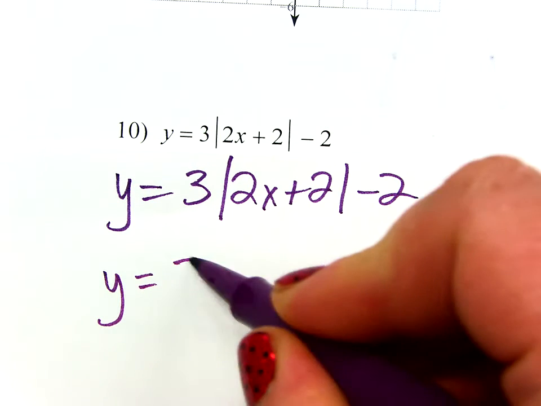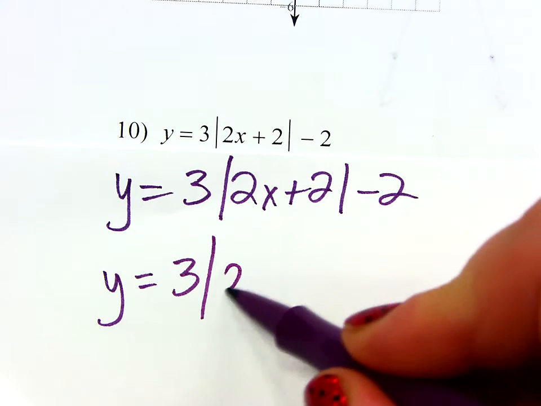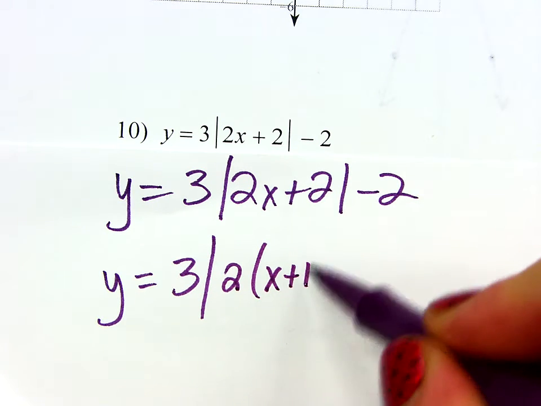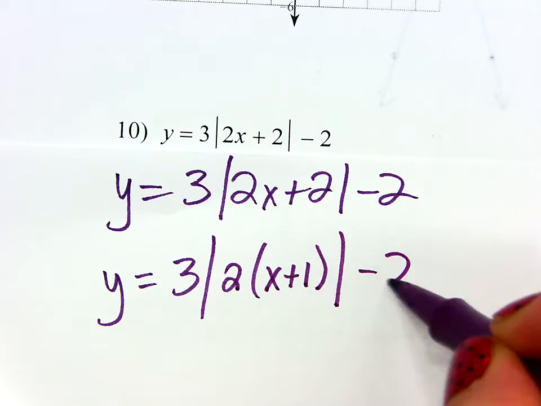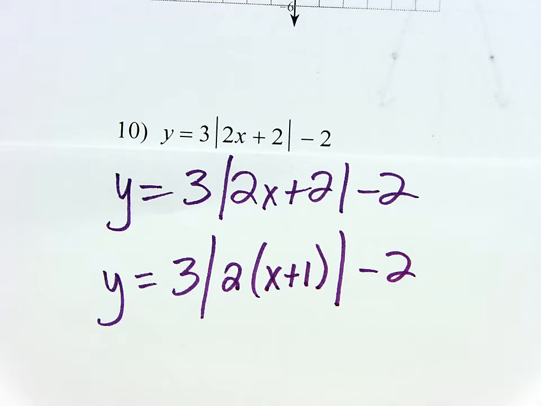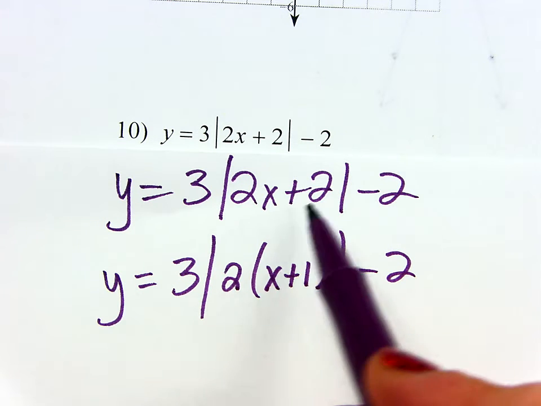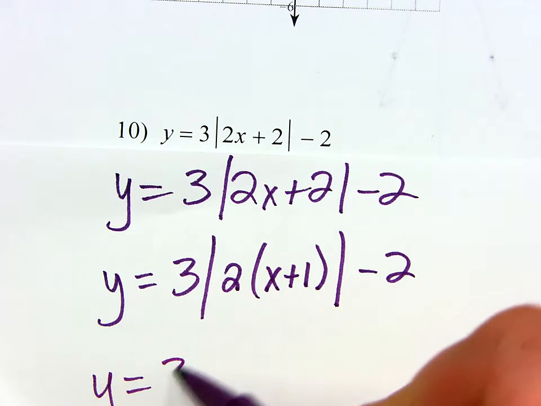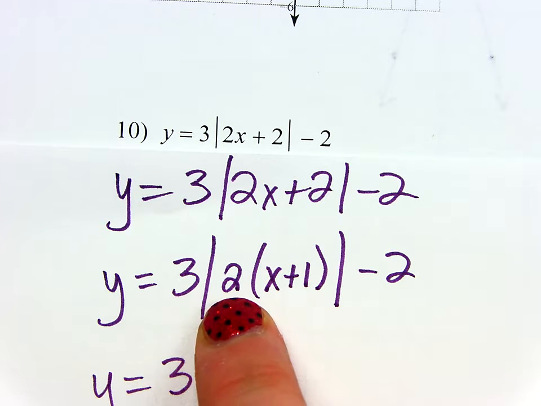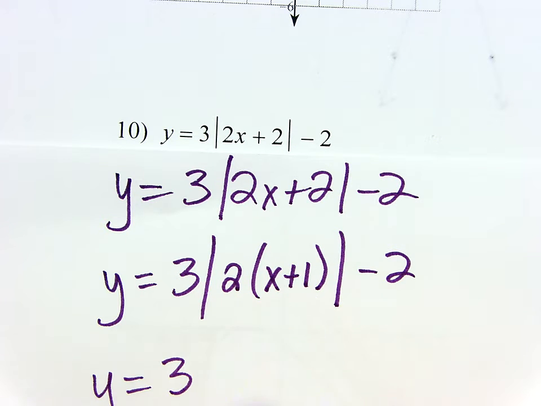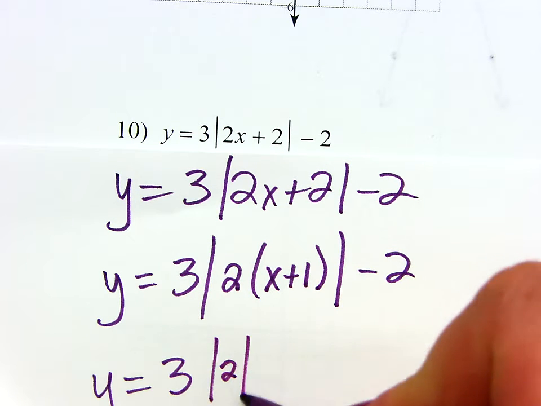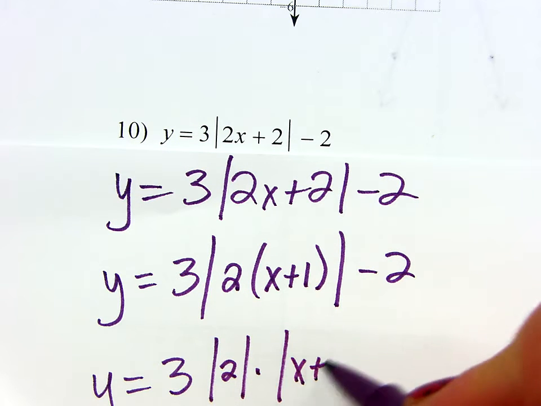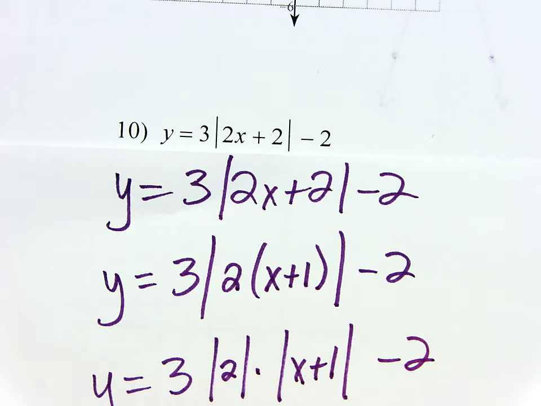Yeah, that's exactly what I'm going to do. Check this out. 2 times x plus 1. So all I've done so far was factor a 2 out of there. Now I get to do that cool little trick. So now I'm going to split them up. The absolute value of 2 times the absolute value of x plus 1.